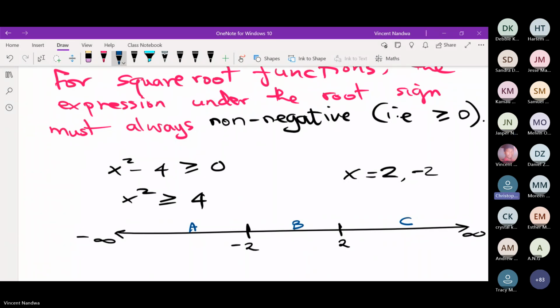To know which of those 3 subintervals satisfy the condition x squared minus 4 greater than or equal to 0, pick any random number between minus infinity and -2.